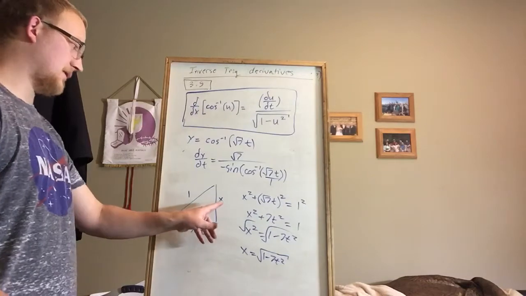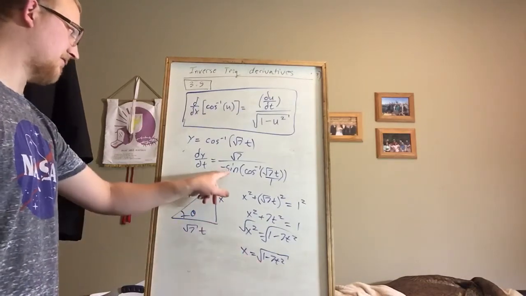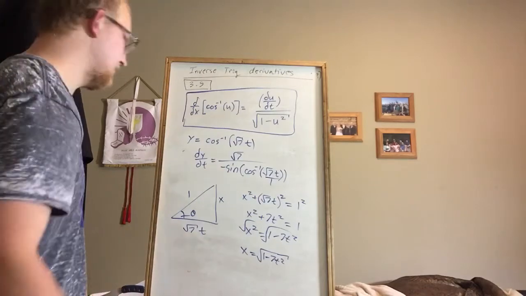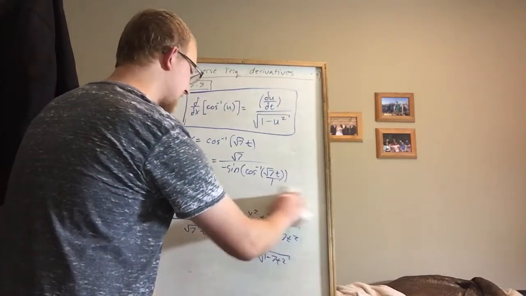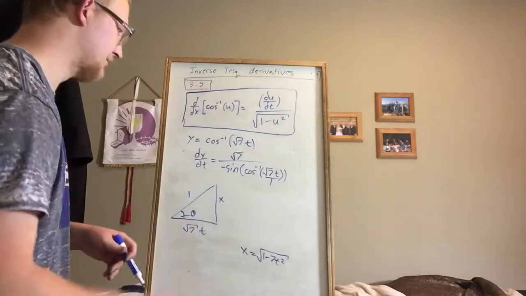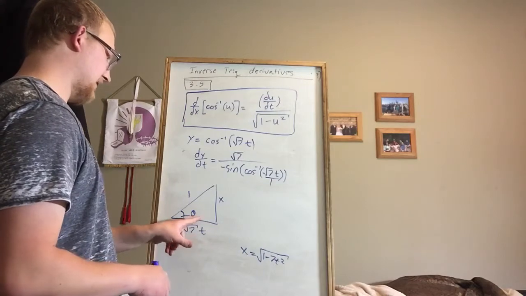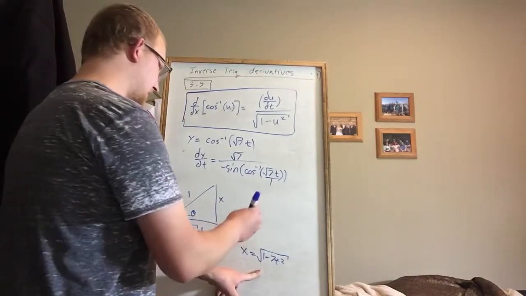So if we know that the opposite, which equals x, equals this, then to fill in sine here, we have to do opposite over hypotenuse, because sine is the opposite over hypotenuse ratio. Looking at our triangle, the opposite is x, which we solved here.